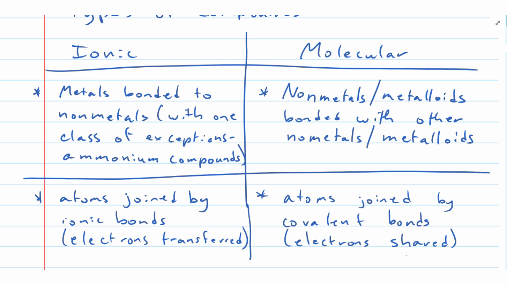So then, in order to have success with the naming, we are going to put the compounds into 5 different categories. So these are the classes of compounds you'll be naming.